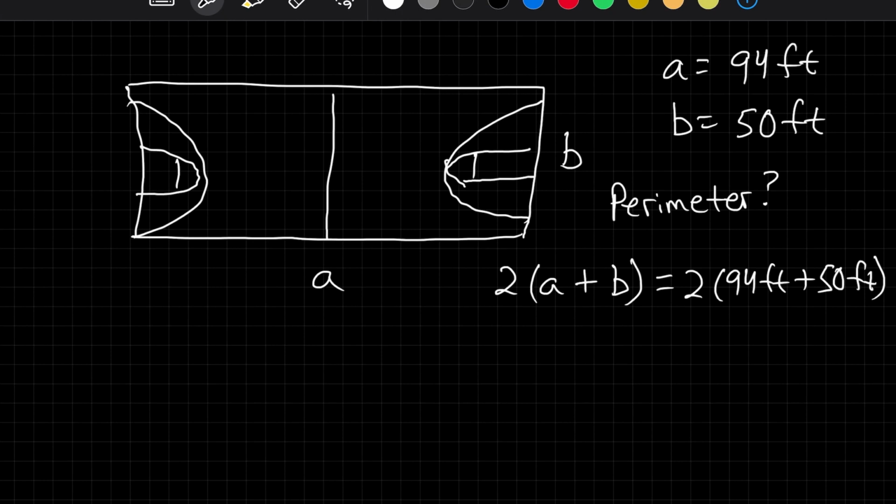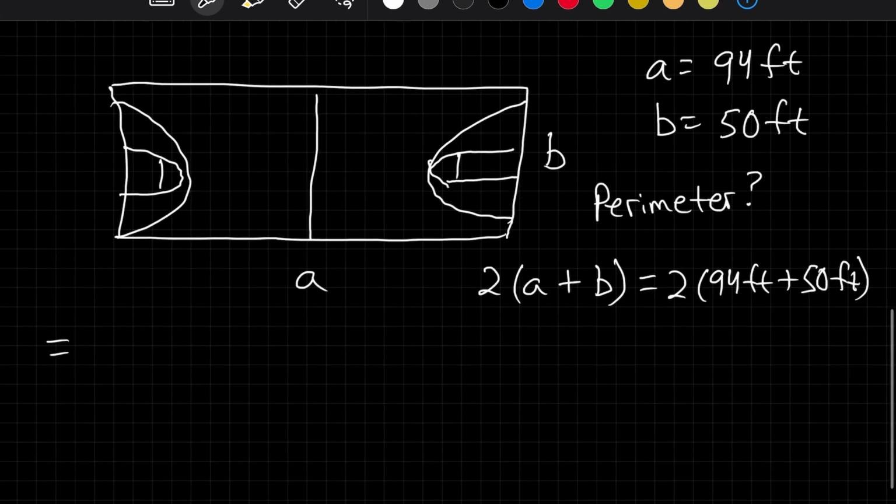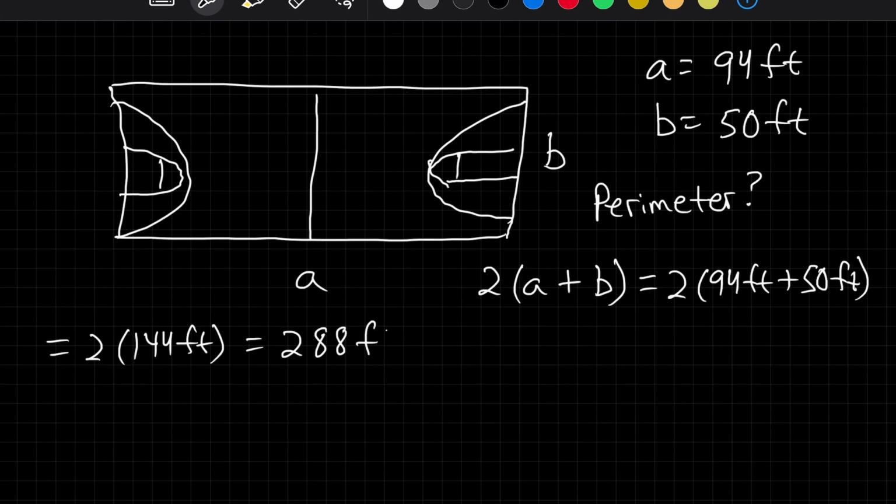Let's add 94 plus 50, so we get 2 times 144 feet. Then this is 288 feet. So that is the perimeter of a basketball court.